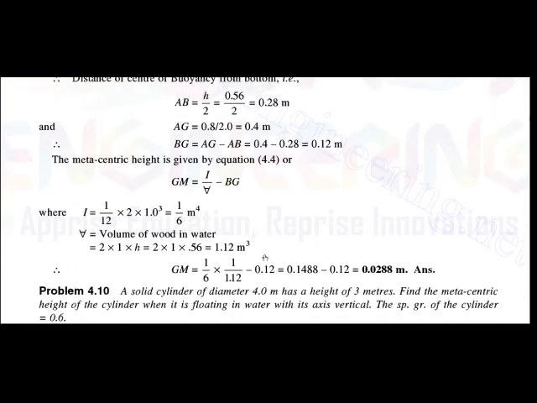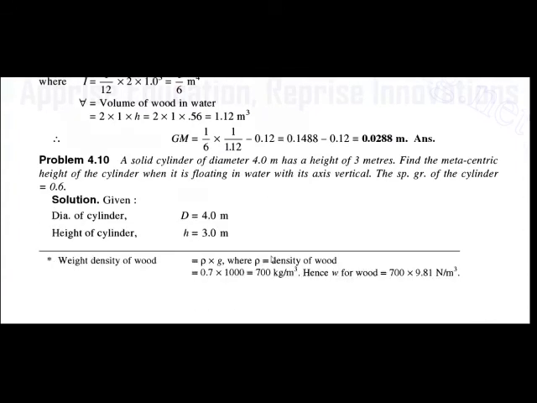Now we will see one more problem. A solid cylinder of diameter 4 meters has a height of 3 meter. We need the metacentric height of the cylinder when it is floating in water with its vertical axis.